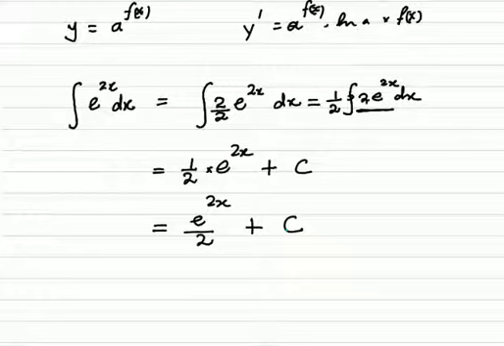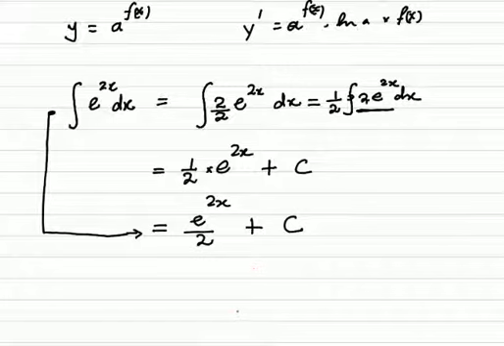Then again, I can repeat exactly the same thing: from this initial step to that final step, the integral of this function is the immediate integral, which is e to the power 2x, but it must be divided by the derivative of the argument, then add c.